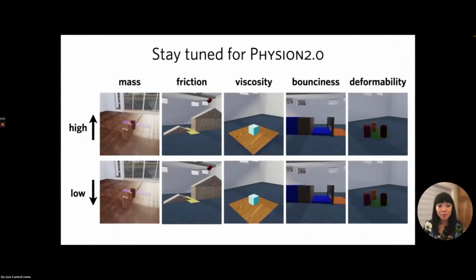So here's some more early demos from Physion 2.0, which will include greater variation in mass, friction, viscosity, bounciness, deformability, and more. This work is being led by Fish Tang, currently a postdoc on our team.